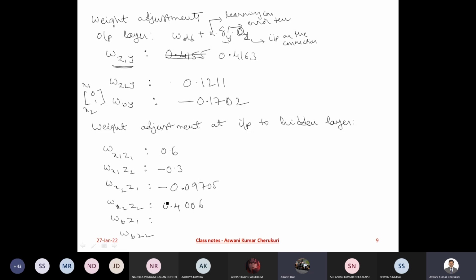In X2 Z1, it will be like W old plus alpha into del Y into the input that is coming over that particular corresponding connection, right? So what is the old weight?